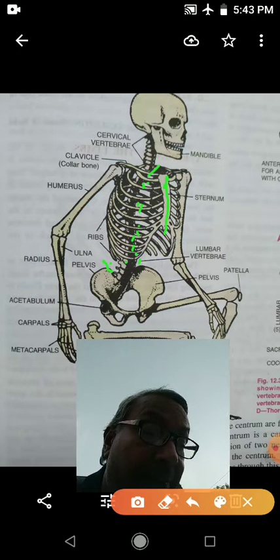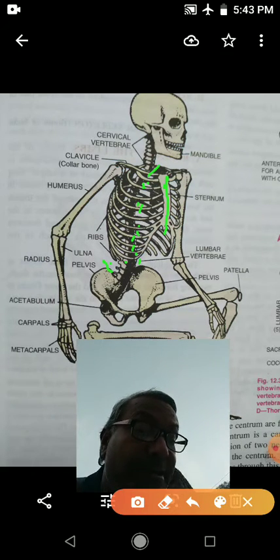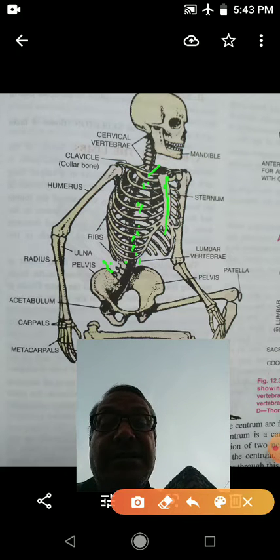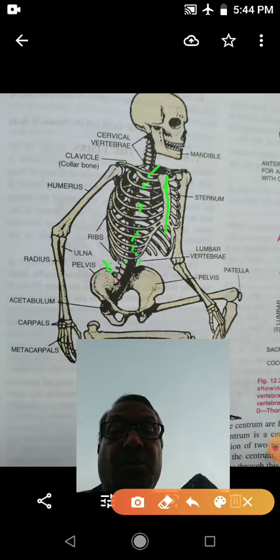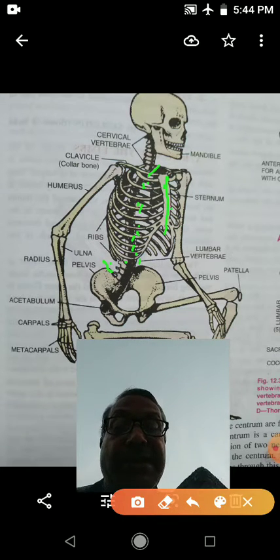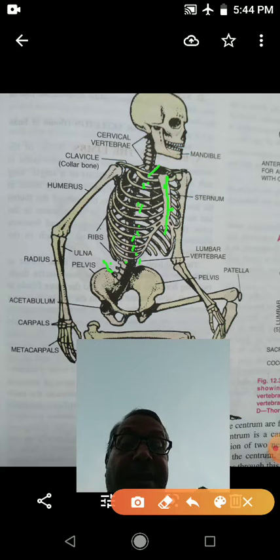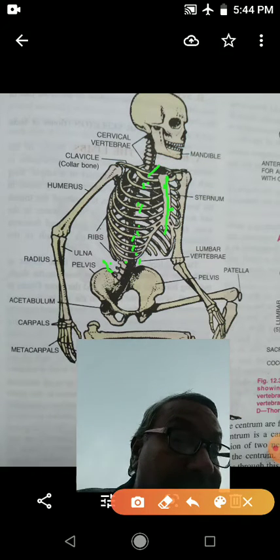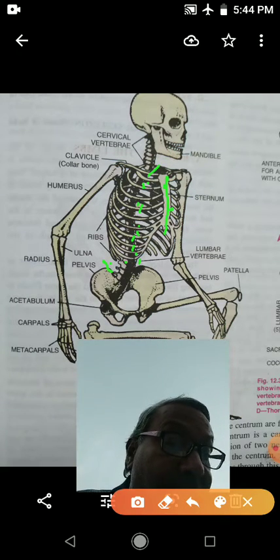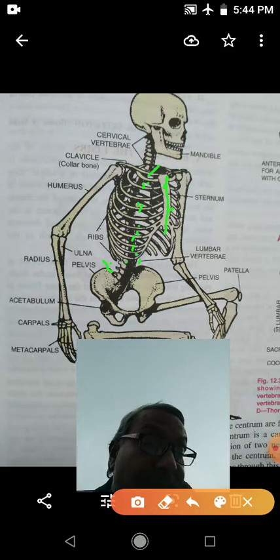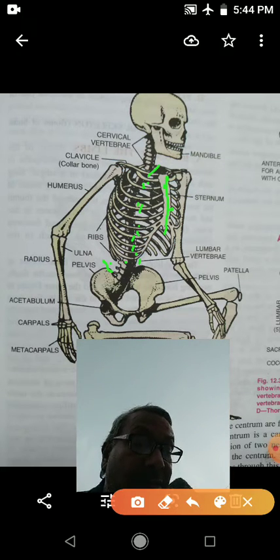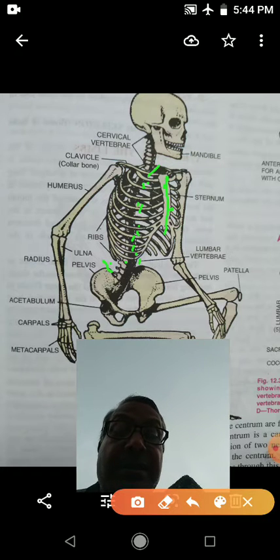So the first 7 pairs are true ribs, which attach directly to the sternum. Again the 8th, 9th and 10th, these 3 pairs of ribs are false ribs because they are not attached to the sternum but they are attached to the ribs.